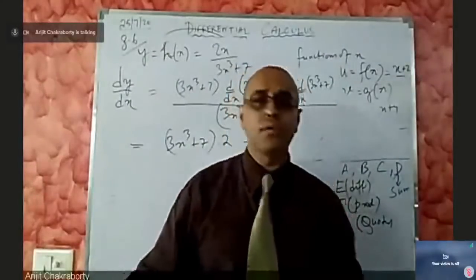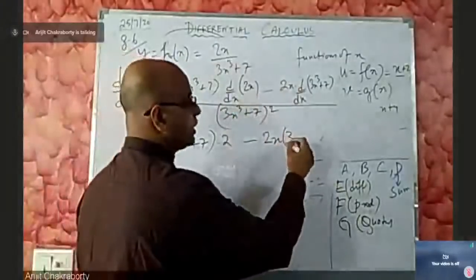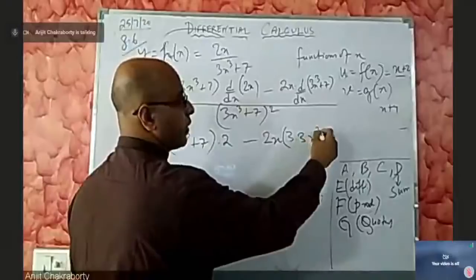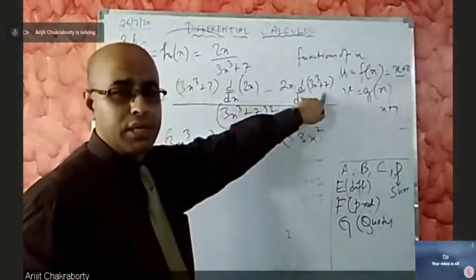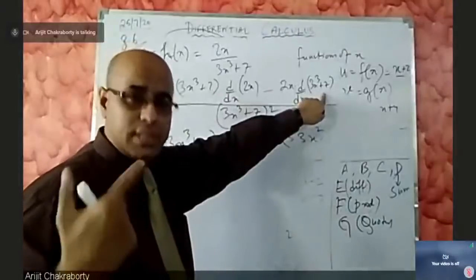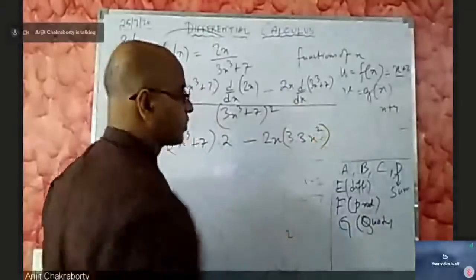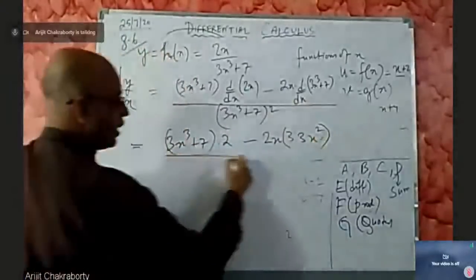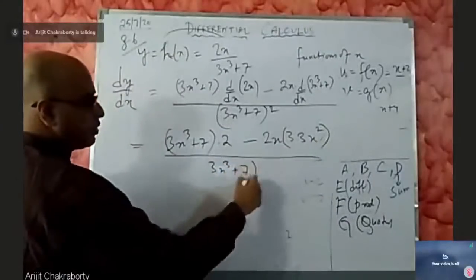Please remember the first formula which we did. So therefore, this will become 3 into 3x squared plus 7. 7 becomes 0 because 7 is a constant number, so its differential coefficient is 0. This divided by 3x cubed plus 7 whole square.